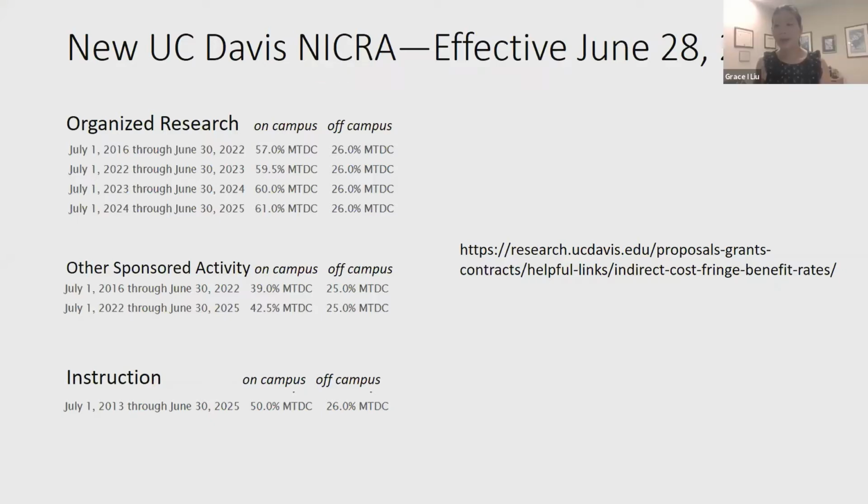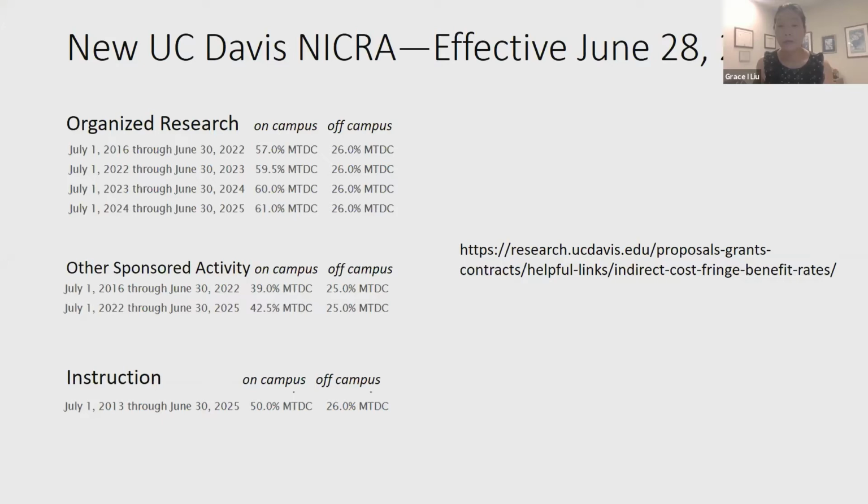Okay, great. I have the new rates up on the screen right now, just so everybody knows what they are. These are effective June 28th. For all awards with a project start date of June 28th or after, these are the new rates that apply.